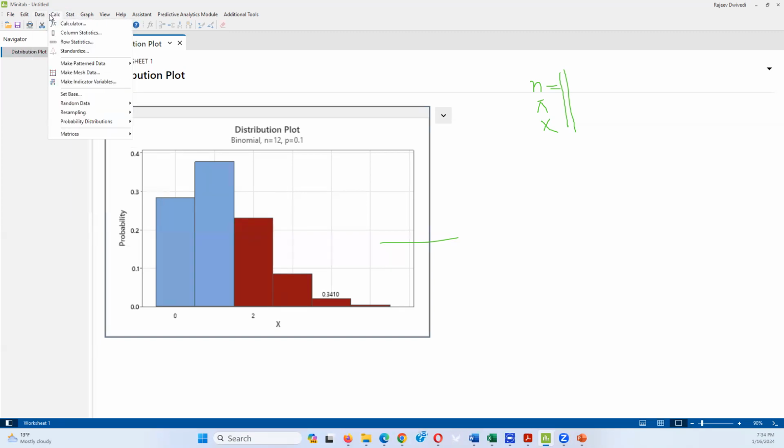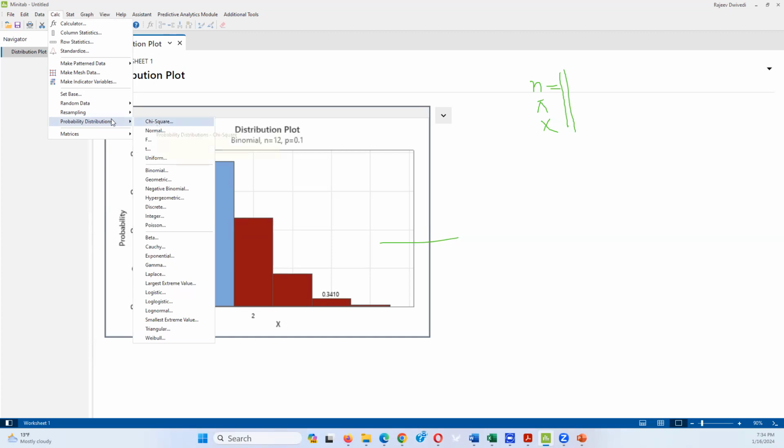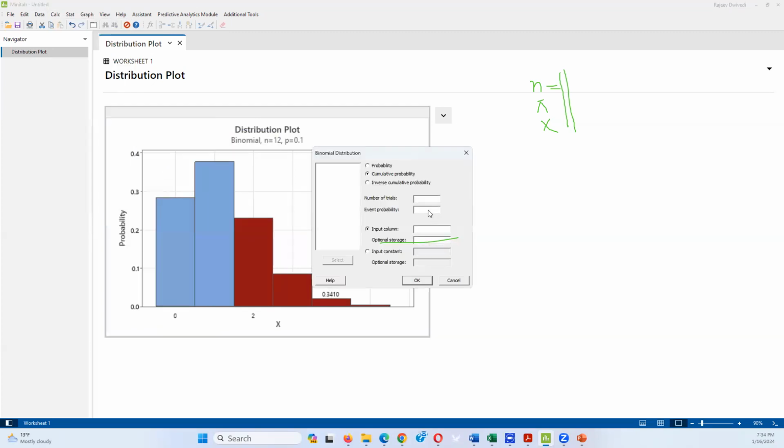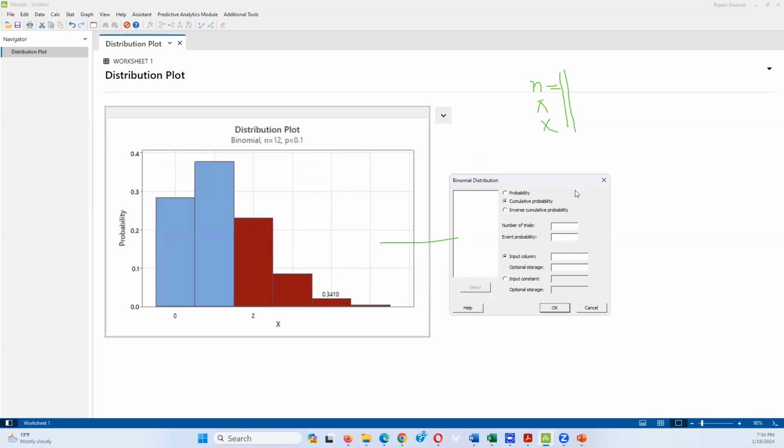Sorry, here we have Probability Distribution. Can you see? And under this, binomial, you can see the binomial distribution. And here you can see PDF, this is probability. CDF is cumulative. We are going to use PDF because it is asking exactly in a particular month, a particular X value.